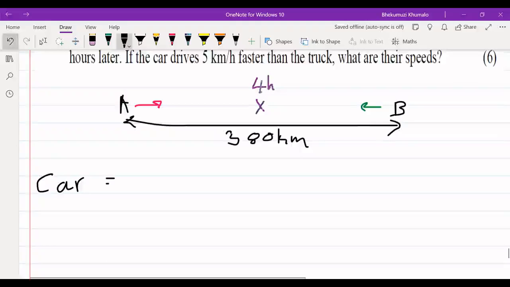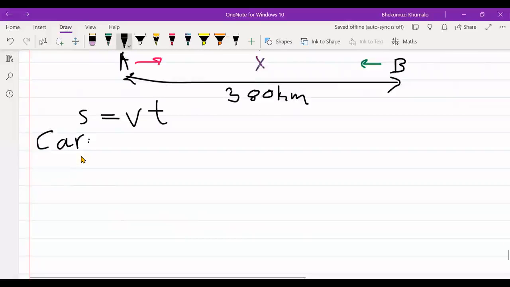For the car, S for distance, is equal to the velocity times time. So with the velocity of the car, what did they say?